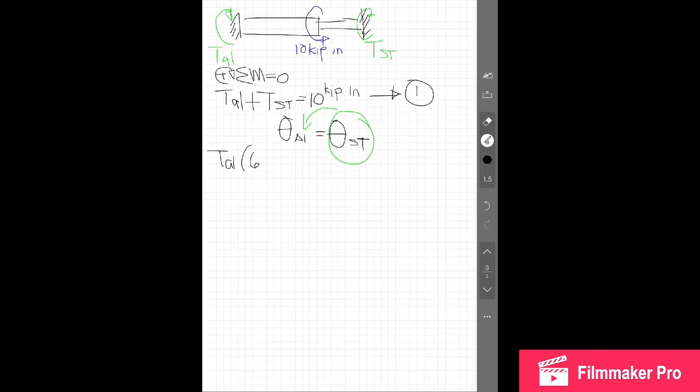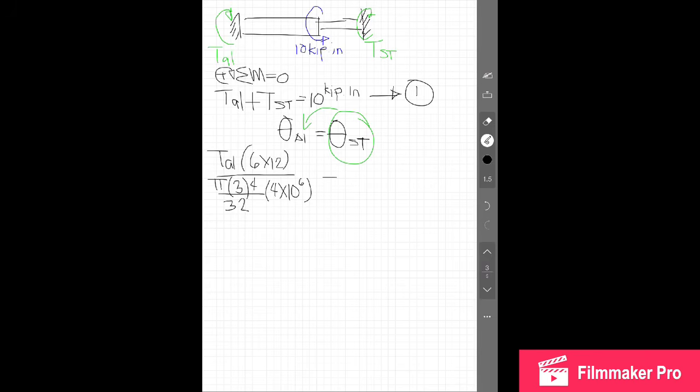So multiply mo lang ng 12, TL all over JG. So ang J mo, given naman din yung diameter, so that will be pi times D, 3 raised to 4 over 32. And the modulus of rigidity na equal sa 4 times 10 to the 6 psi.